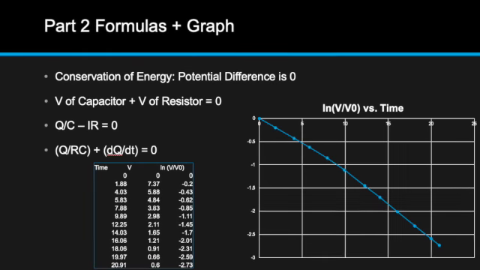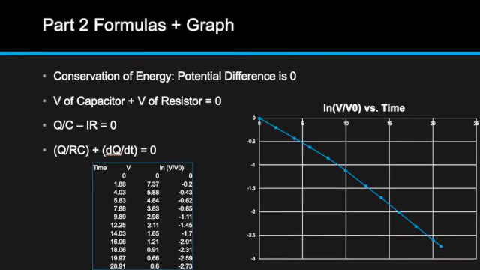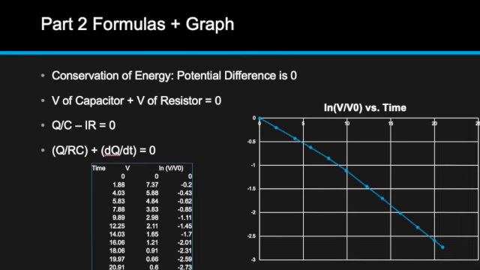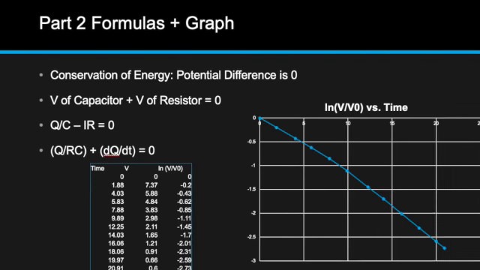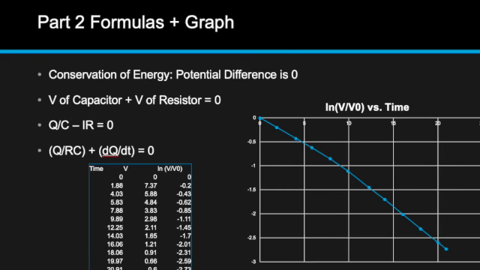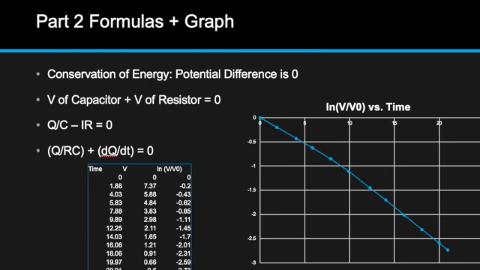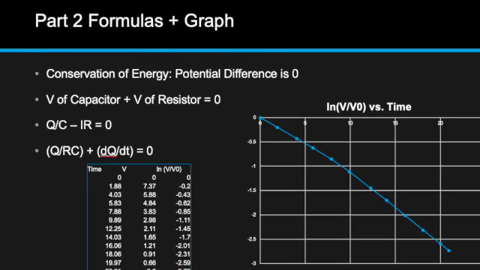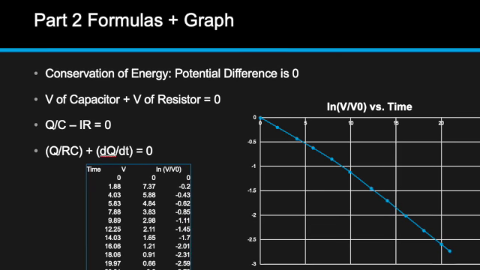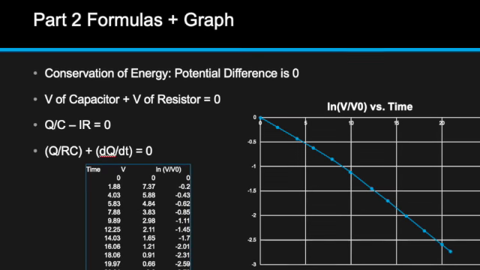As you can see, we made a chart of ln of the voltage over the initial voltage versus time. The slope of this would be -1 over the resistance times the capacitance, and the y-intercept would be ln of the initial voltage, which would be 0, which is why it starts at 0, and then there's a negative slope.